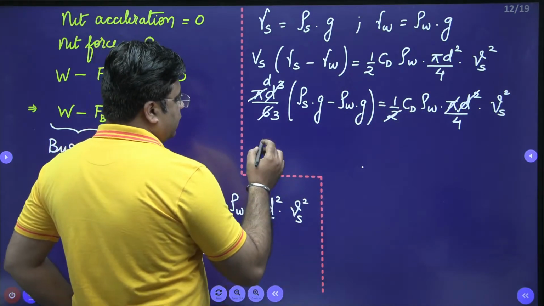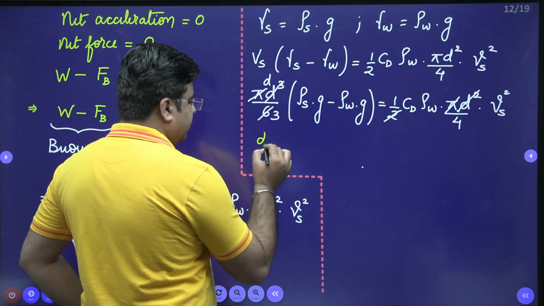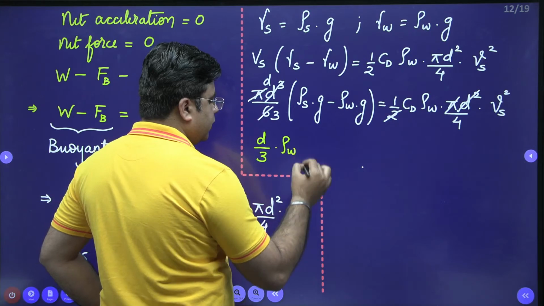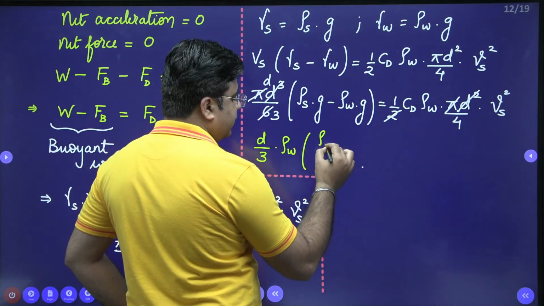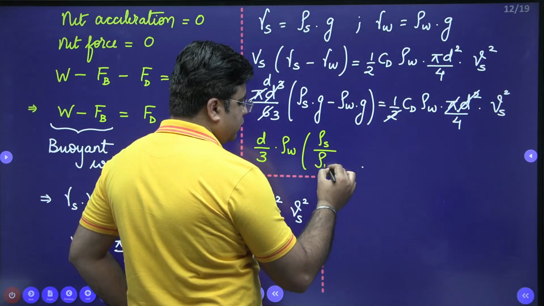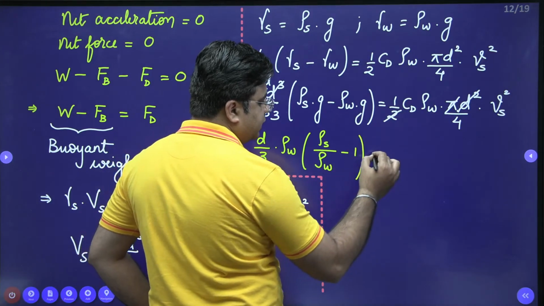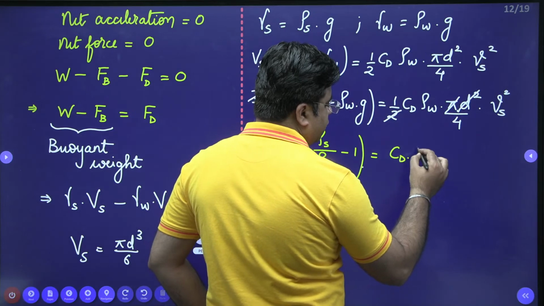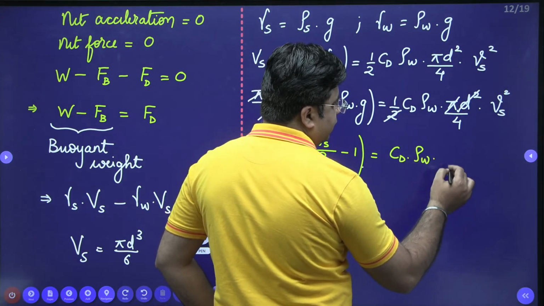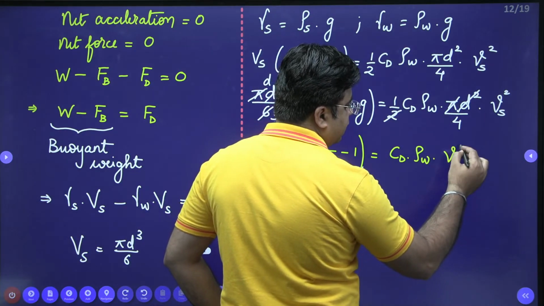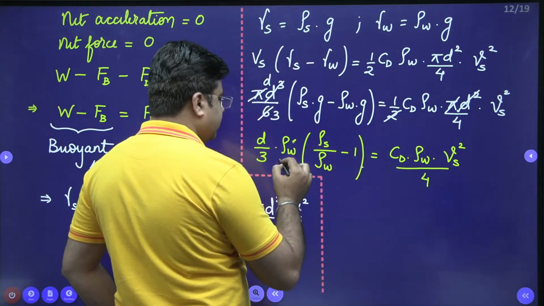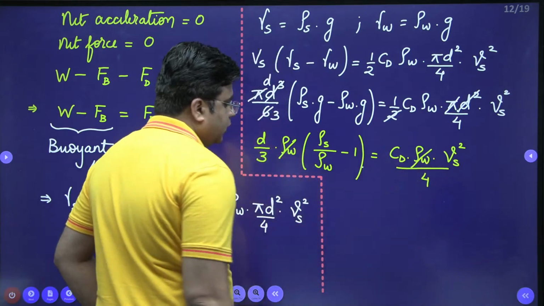So I will write down all the terms. You have d by 3 into rho w. Then you have rho s by rho w minus 1 is equal to CD rho w, then you have Vs square by 4. So this rho w and this rho w will cancel out.